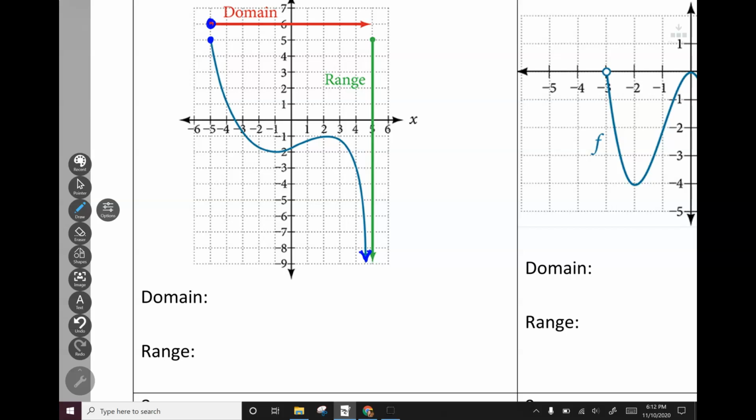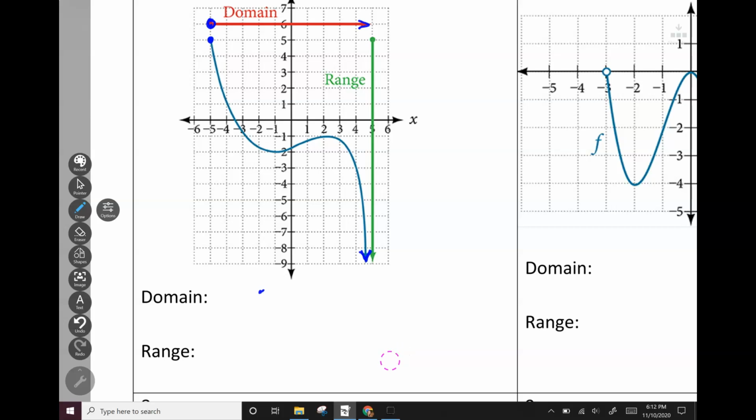So because of that arrow at the bottom, your domain is also going to go on forever to positive infinity. So if you wanted to, you could take your pencil, lay it flat on your paper, and kind of drag it from left to right just to see where those x values are.